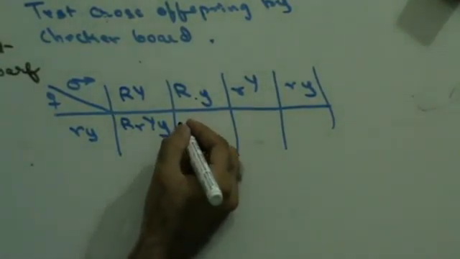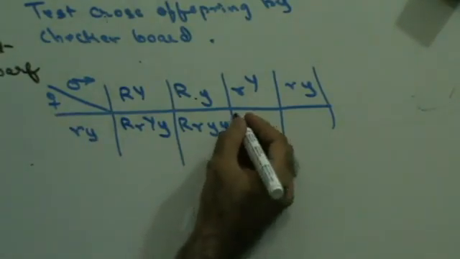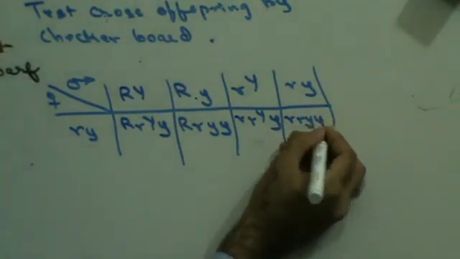Right? So in this case, what you will get is RrYy. That is, you will get hybrid round yellow. Here you will get Rryy. So here you are going to get hybrid round green. Then here you will get rrYy. You are going to get hybrid wrinkled yellow, and finally you will get rryy. That is wrinkled green.